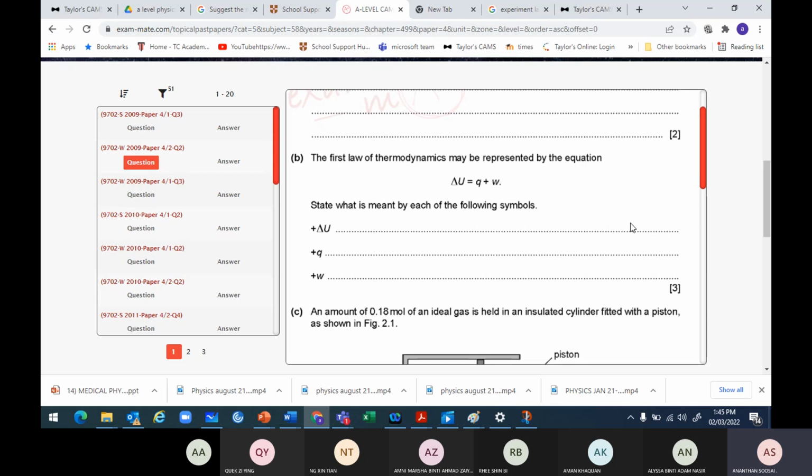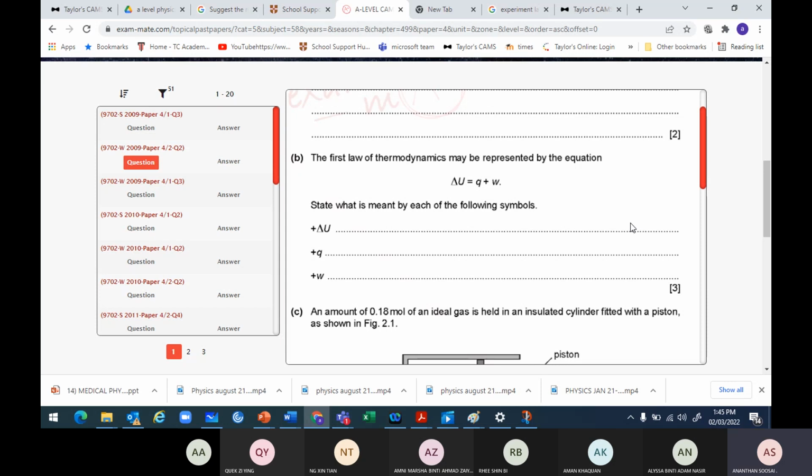What is W? Work done on the system. Okay. Don't write work done by the system. No. Work done on the system. Okay. Heat supplied to the system. Work done on the system. Compression work is positive. Positive work done on the system. Okay.